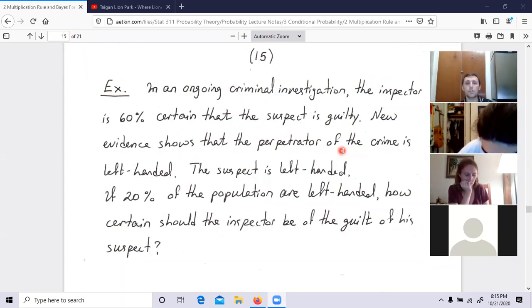Make sense, guys? So new evidence came, and we know definitely that the perpetrator of this crime, there was a single perpetrator, let's say, and that perpetrator was left-handed. And there is one suspect, it's 60% likely that he was the criminal, and he is also left-handed.